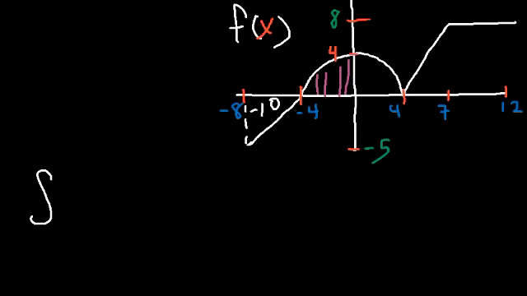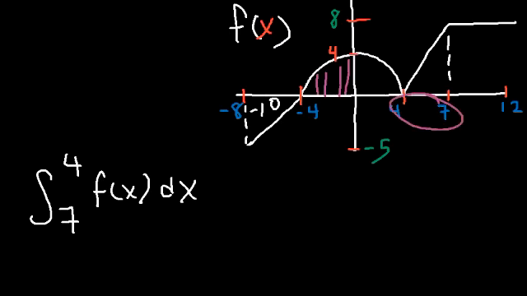Now what is the value of the integral from 7 to 4 of f of x dx? So the numbers are backwards. We need to find the integral from 4 to 7 first. From 4 to 7, we see that the base of the triangle differs by 3, and the height is 8. 3 times 8 is 24.